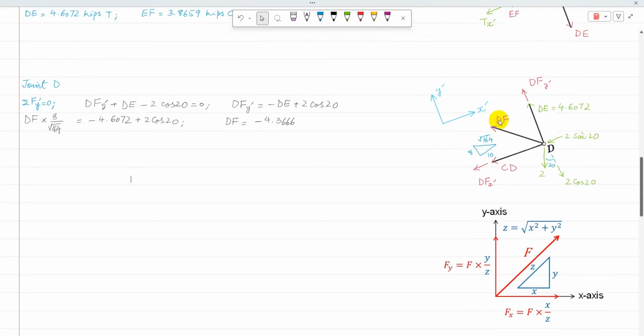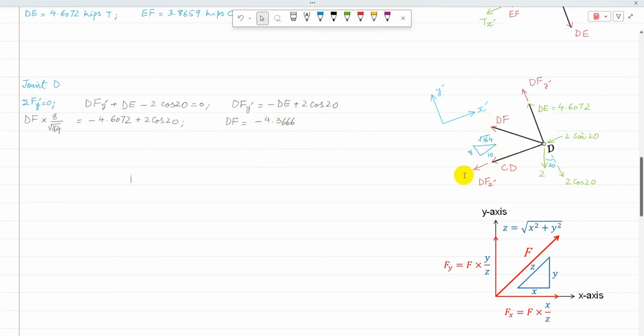So here dF times the y side of the triangle divided by the hypotenuse, that is 8 over root 164, and after simplifying it, dF is minus 4.3666 kilopounds.